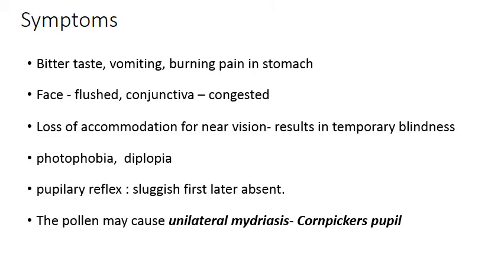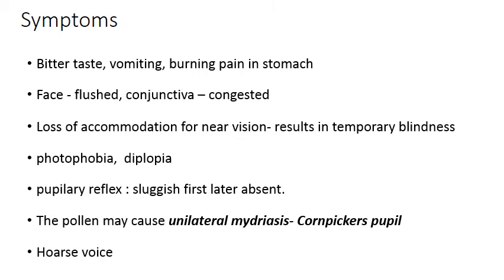In short, it is nothing but unilateral mydriasis, that is the dilatation of the pupil occurring in either of the eye. In any one eye, the dilatation of the pupil occurs. That is called corn picker's pupil, and this is mainly because of the pollen that is passed from the flower of the Datura plant to the person nearby. So that is corn picker's pupil.